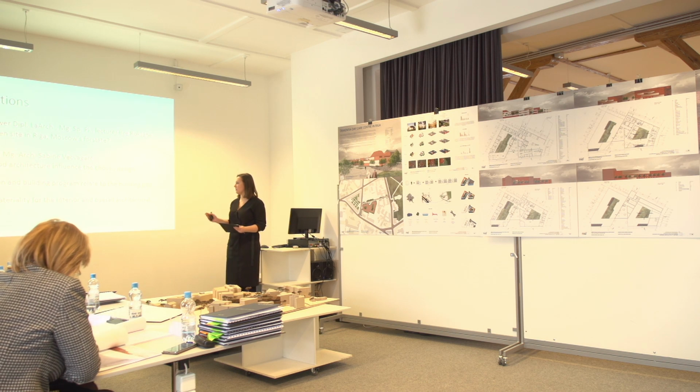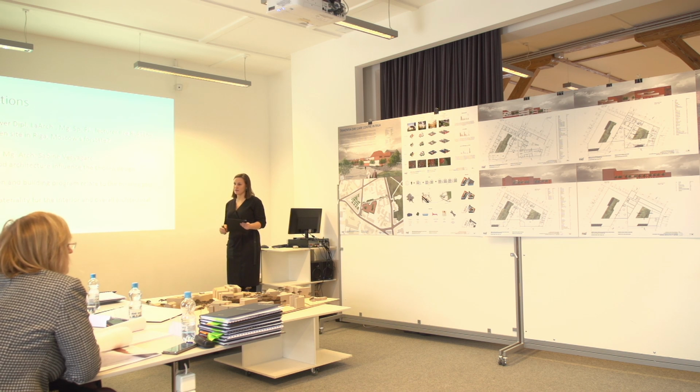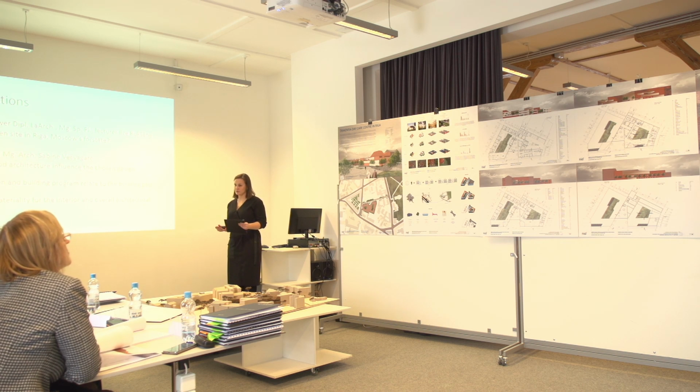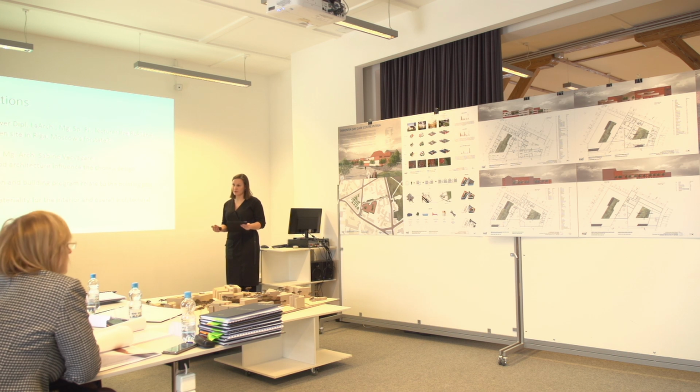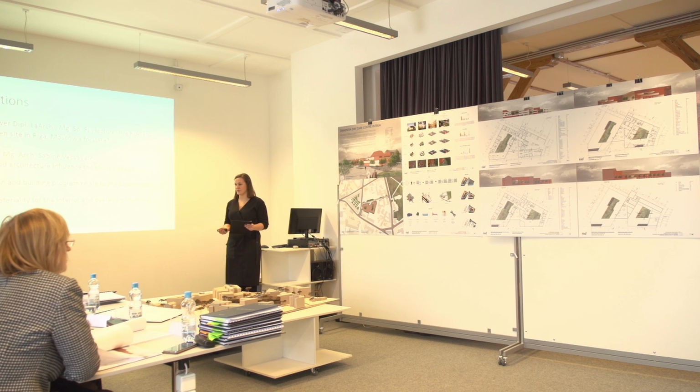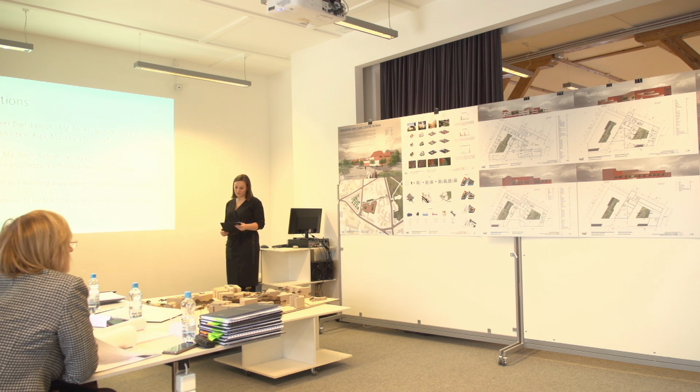One of the questions was how neighborhood architecture influences the chosen design solution. So the first thing is the material chosen, which was bricks. And as I said, it is a commonly used material in surrounding buildings.